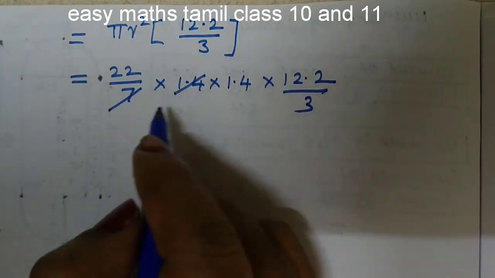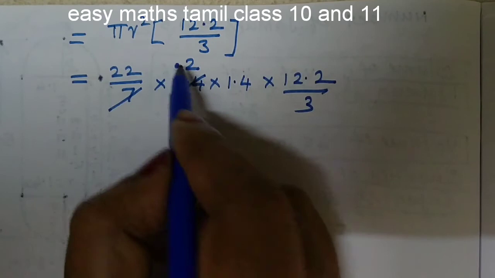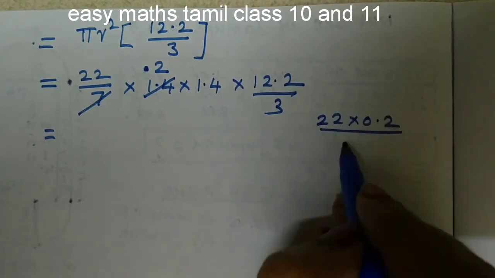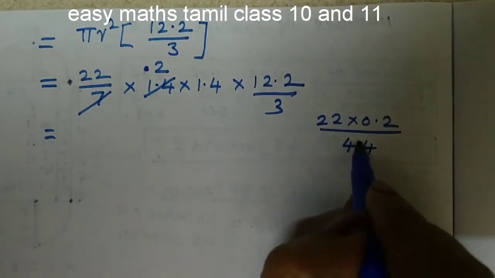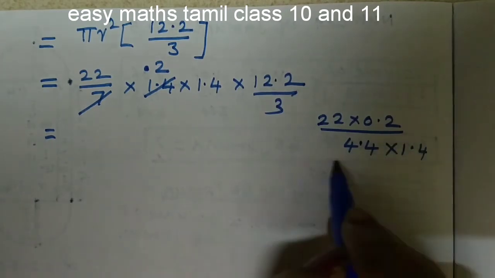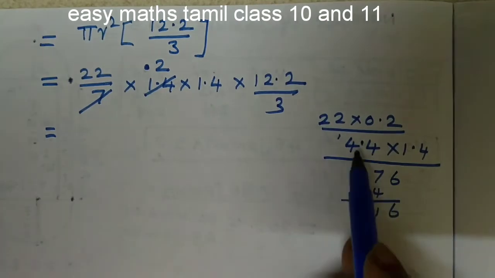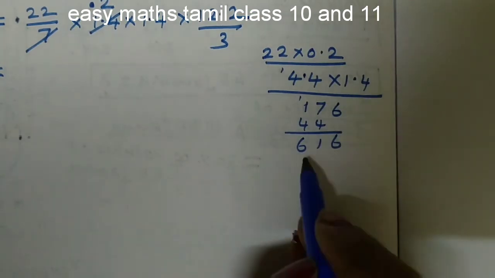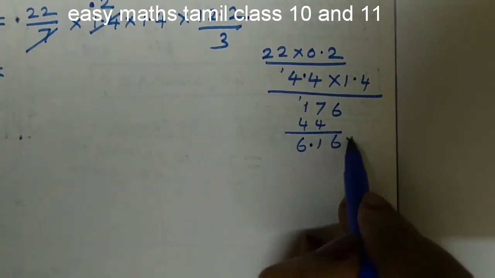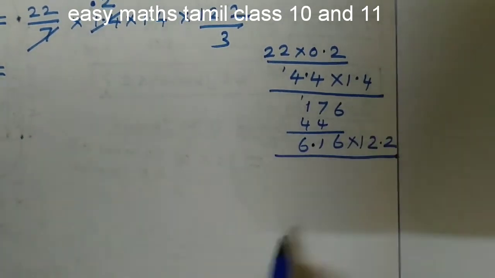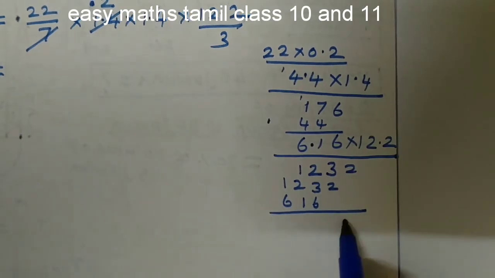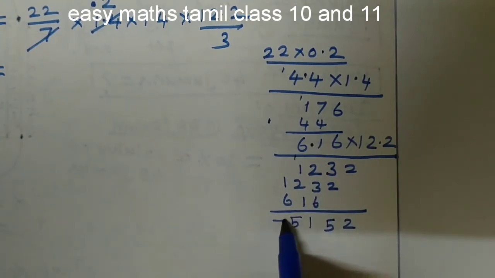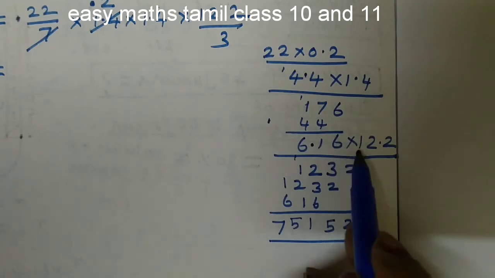Cancel 7 and 1.4: 7 2s are 14, so 0.2. 22 into 0.2 is 4.4. 4.4 into 1.4 is 6.16. Then 6.16 into 12.2.